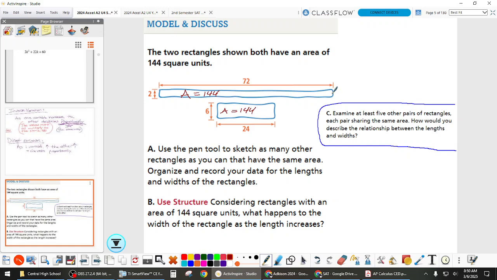If I increase the length, what does the width have to do? Decrease. So we have this skinny little width of 2 inches times 72 length versus 6 and 24. They're closer together, but still equal 144. So as one went up, the other had to go down to accommodate that, right?